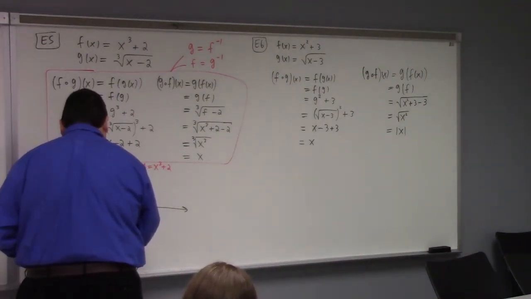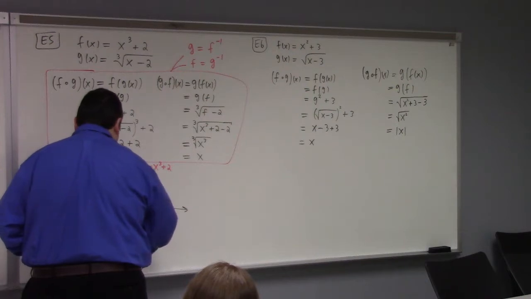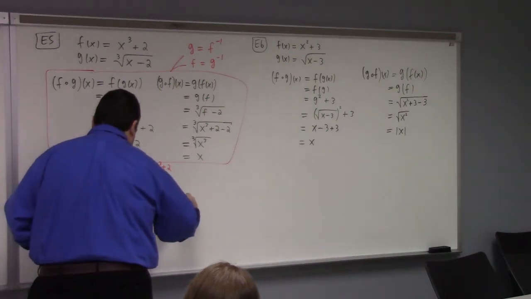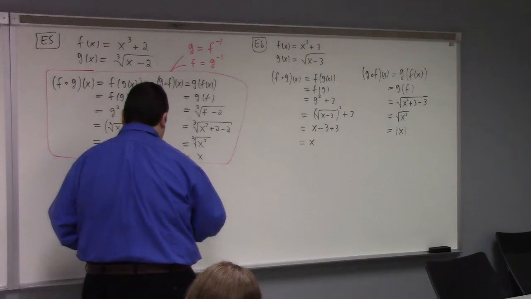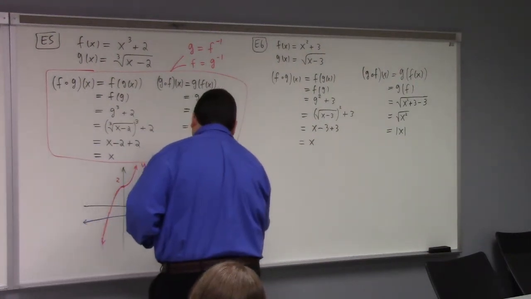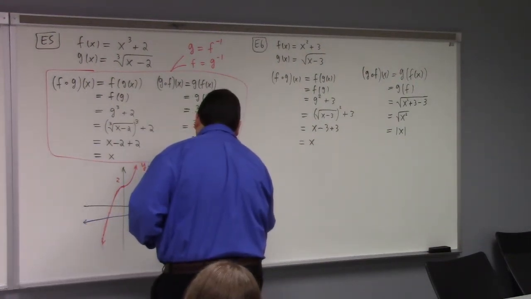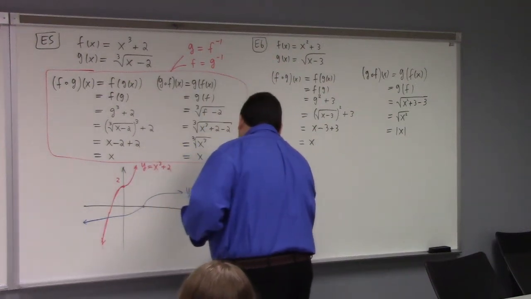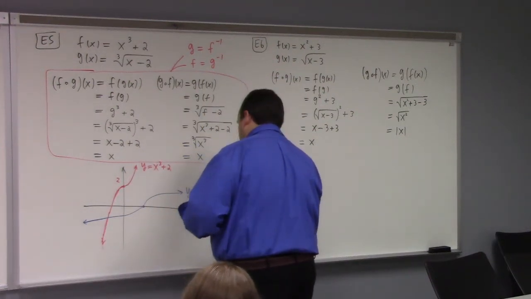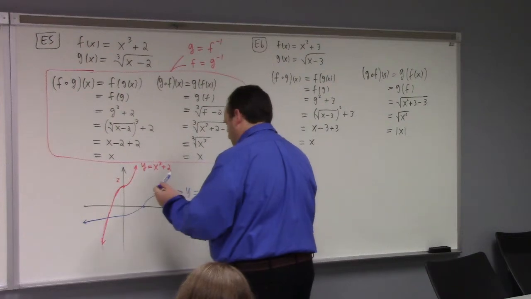I'm not very good at these, but I'll try. So here's your y equals the cube root of x minus 2. So this was f inverse of x, and the top one was f of x.